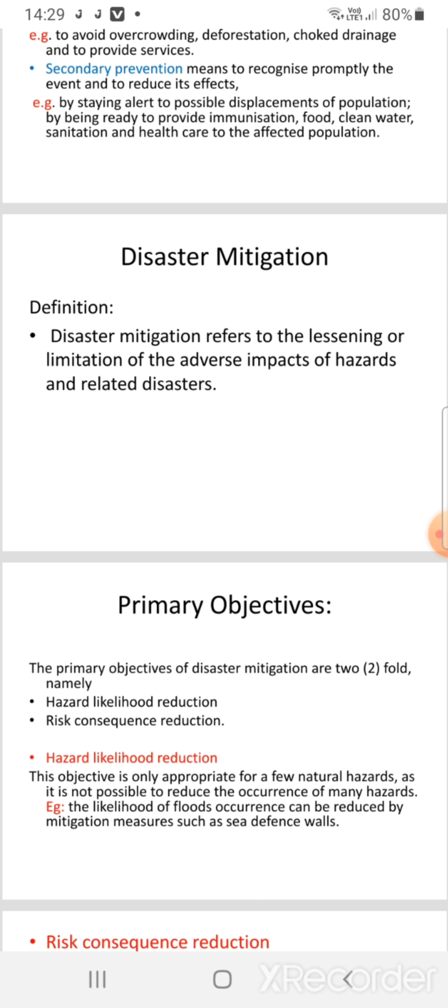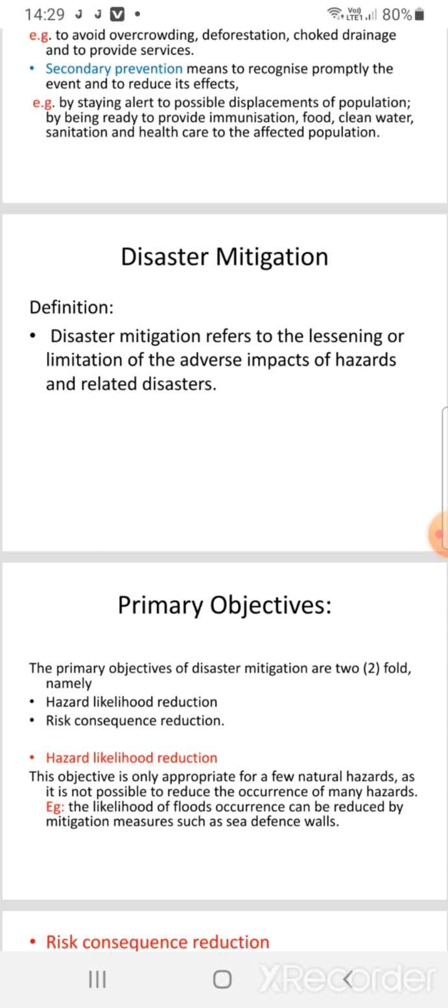We are not going to suppress the event that is going to happen. We are limiting the adverse impacts related to the hazard and the disaster. That is known as disaster mitigation. We cannot cut off the event, but the impacts are reduced.